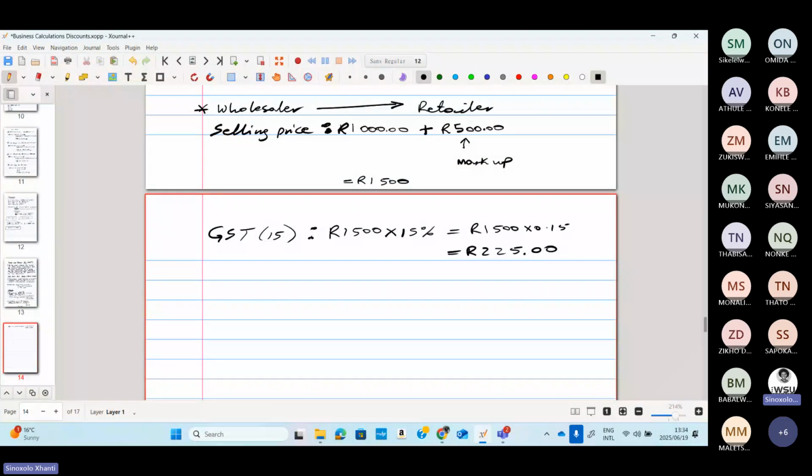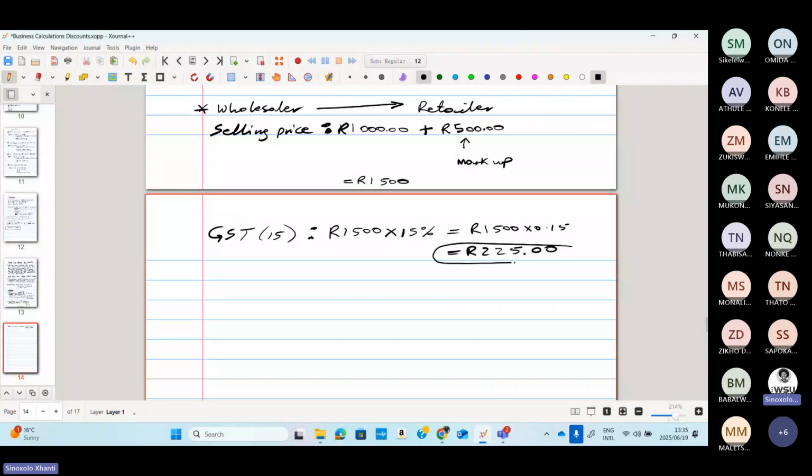So this is the GST that is going to be charged. And then from there, this is the magic that is going to happen here. This is the amount of money that is actually going to be charged.